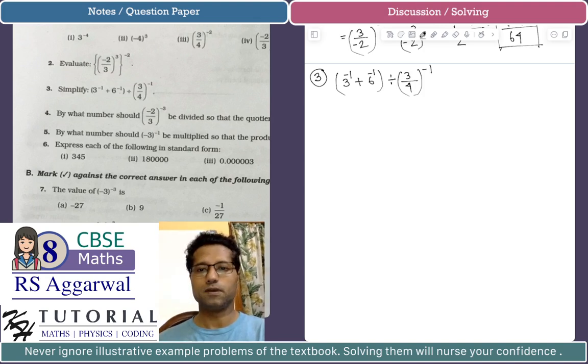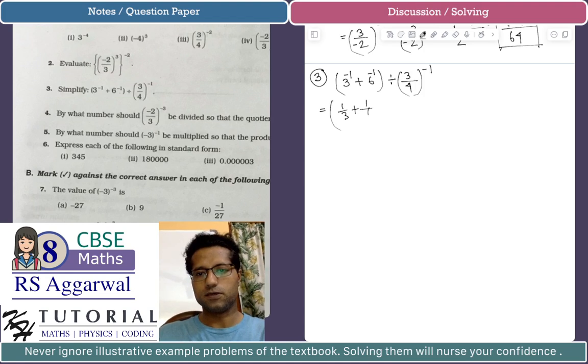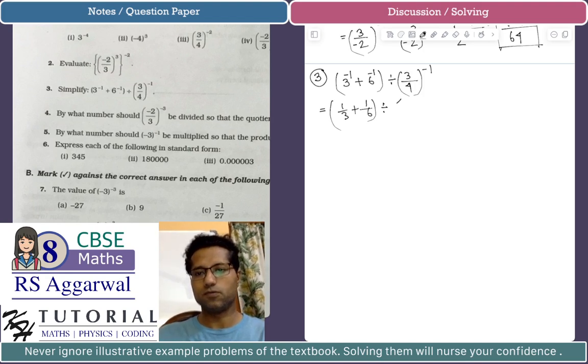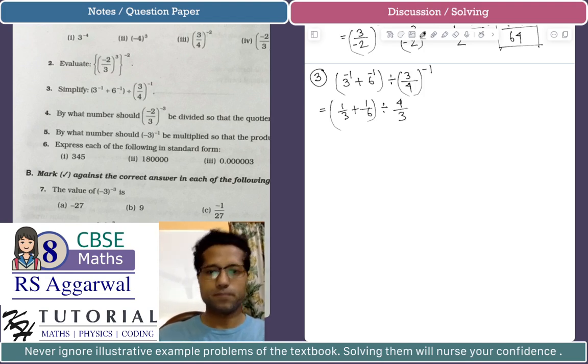So we have to simplify the expression inside the first bracket, which is an addition of two exponential terms. 3 raised to the power minus 1 means reciprocal of 3, that is 1 by 3. Similarly, we have 1 by 6, divided by 3 by 4 raised to the power minus 1, which means reciprocal of 3 by 4, which is 4 by 3.